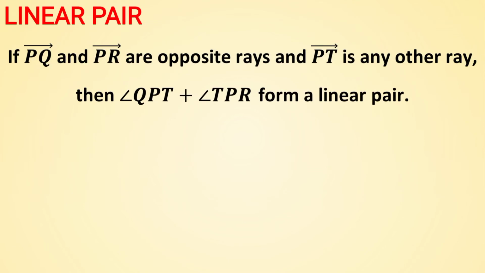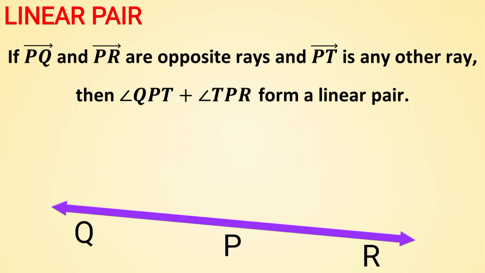Linear pair. If ray PQ and ray PR are opposite rays, and ray PT is any other ray, then angle QPT plus angle TPR form a linear pair.